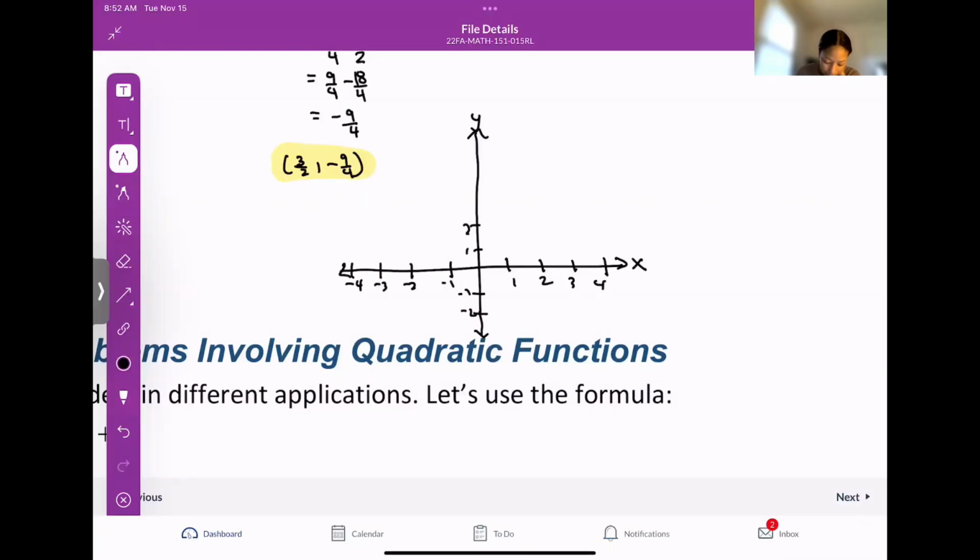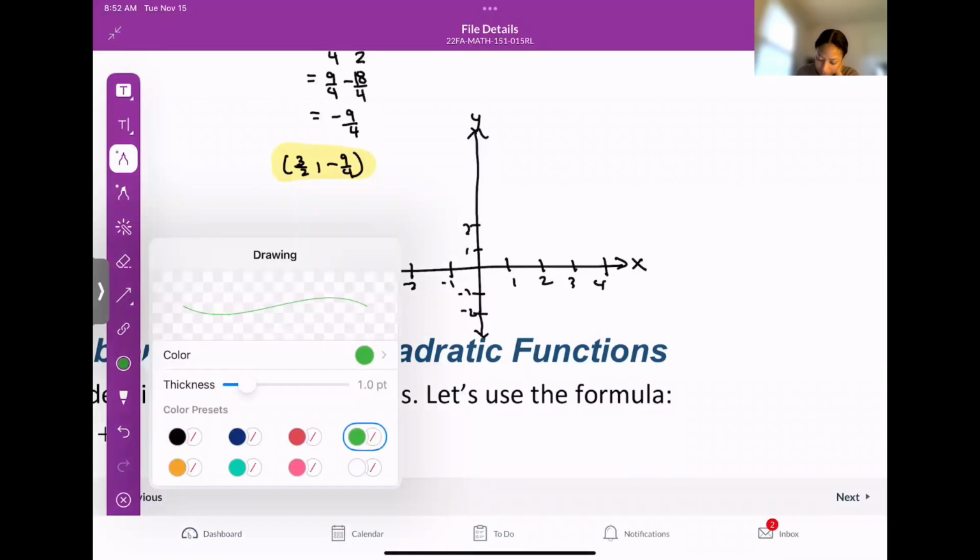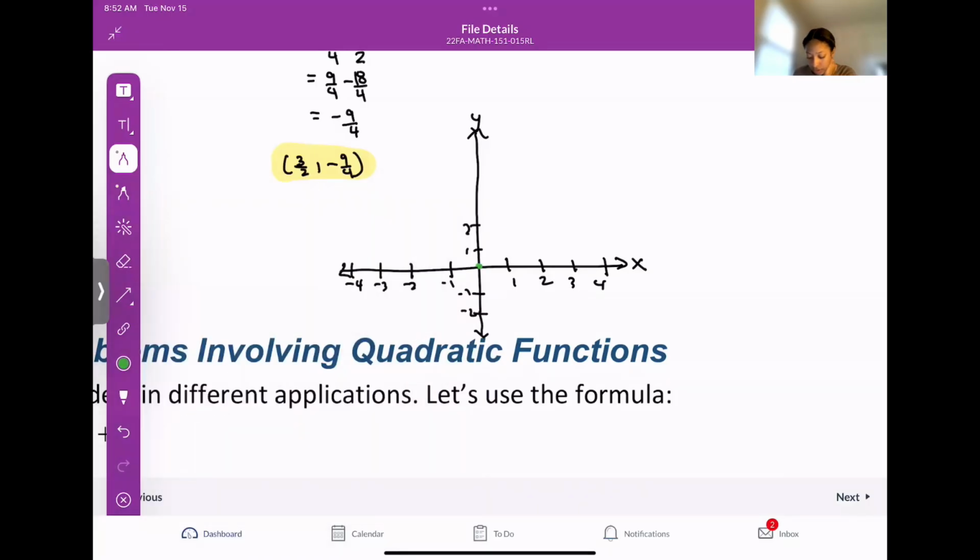And then let's plot these points. We'll make this one green. 0, 0 is here. Then we had 3, 0. And then we had 1.5, which is right in the middle here, comma, negative 2.25. That would be about here.